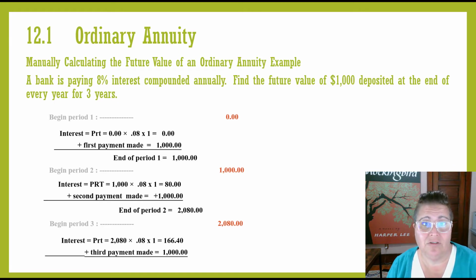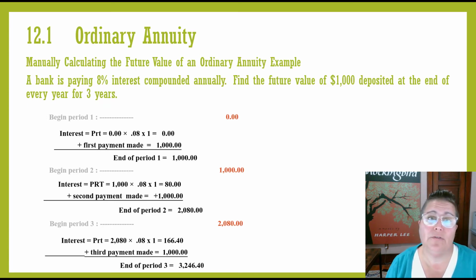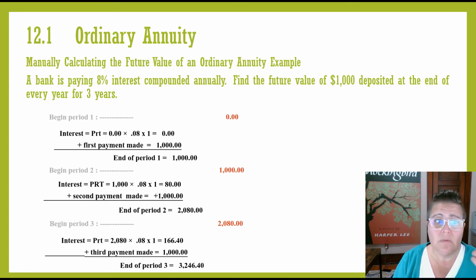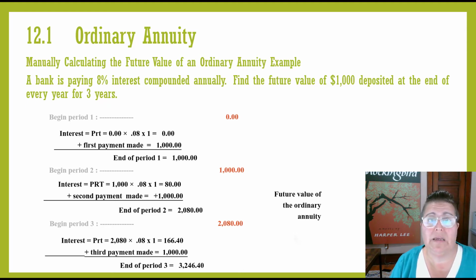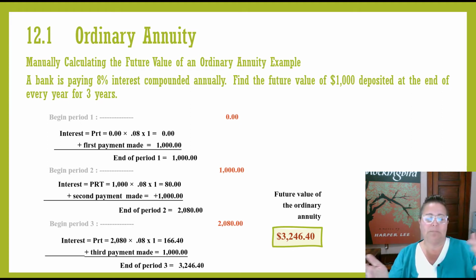We add that interest back in at the end of year 3, and we also add in another $1,000 payment. This gives us a total of $3,246.40. So the future value of this account would be $3,246.40.